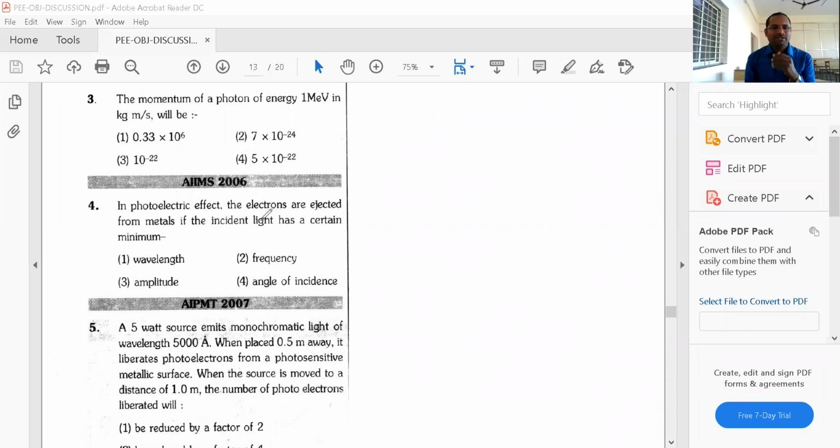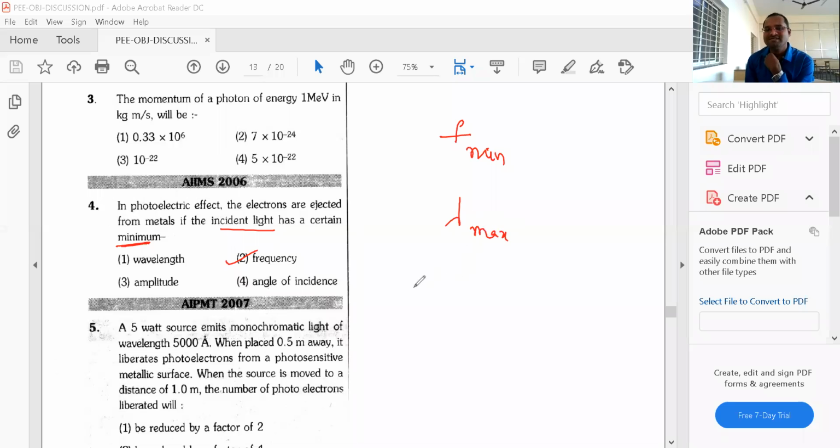Question number 4. What are they given? In the photoelectric effect, electrons are ejected from metals if the incident light has a certain minimum frequency. For the photoelectric effect to occur, frequency should be minimum and wavelength should be maximum.